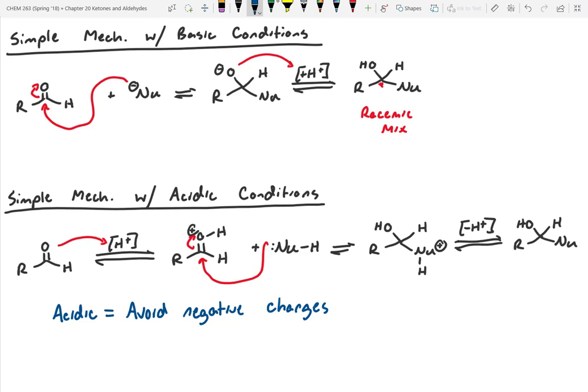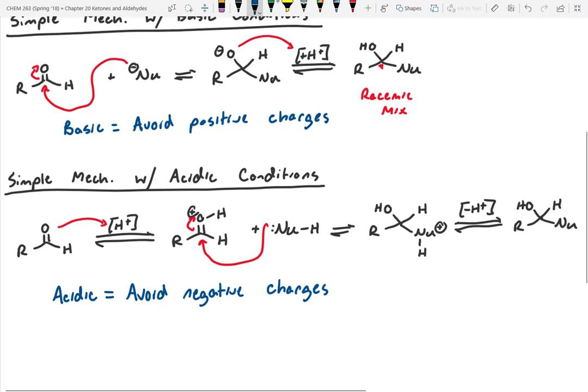That's important. And under basic conditions, you want to avoid positive charges, right? The only exception to this is obviously your conjugate acid or conjugate base. Does that make sense?